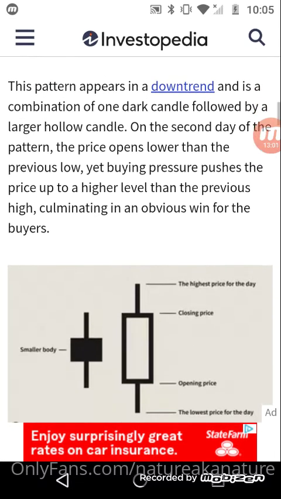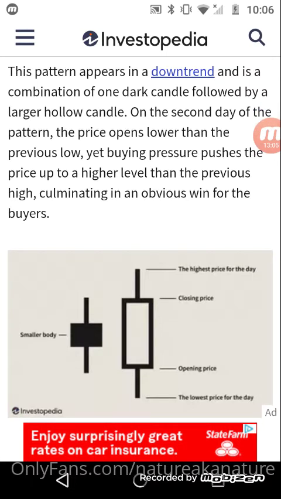So that's the highest point that price went to for the day. It closed right here at the bottom. Price opened right here because it's going up, so it's going to open at the low and close at the top.